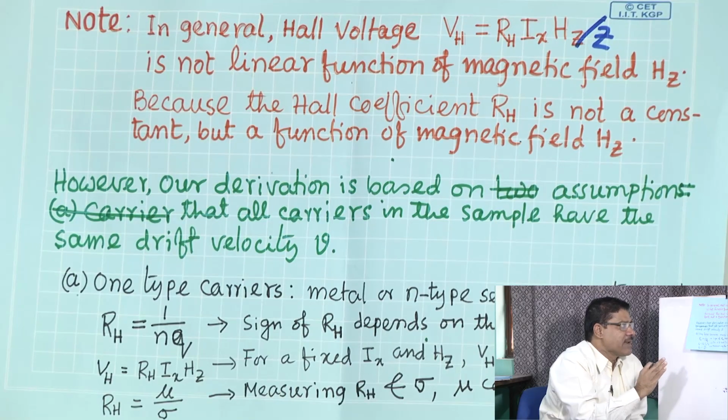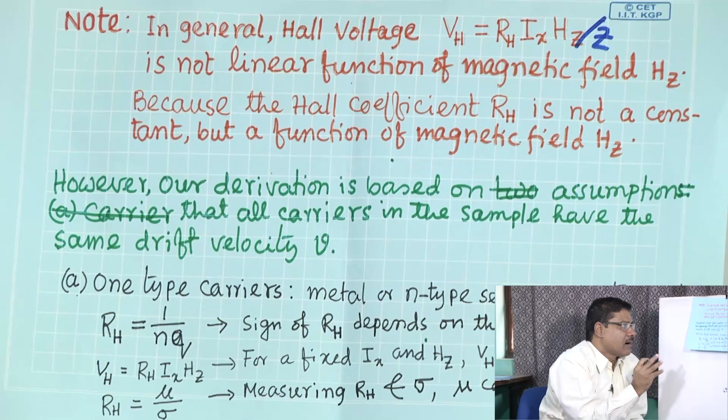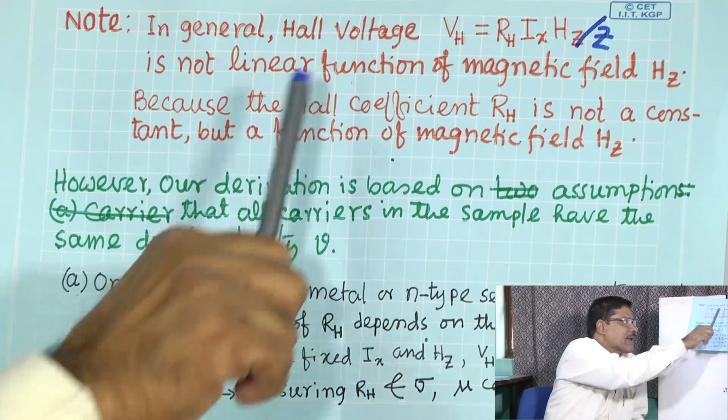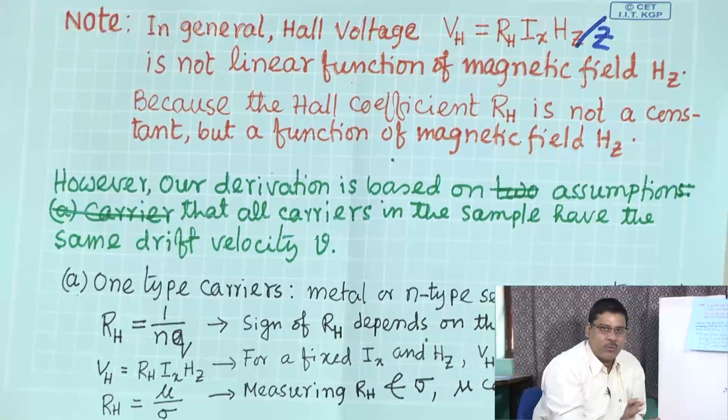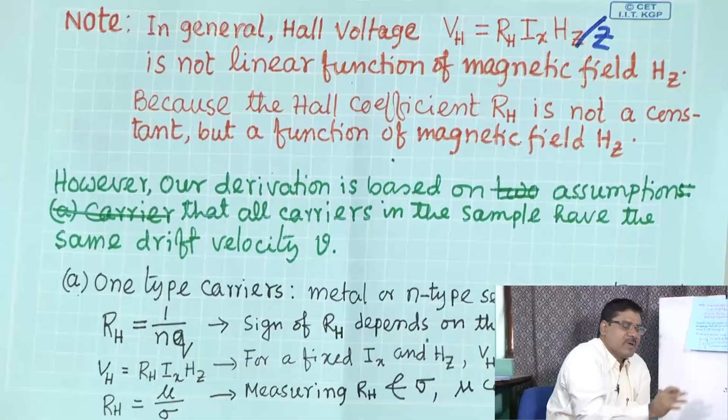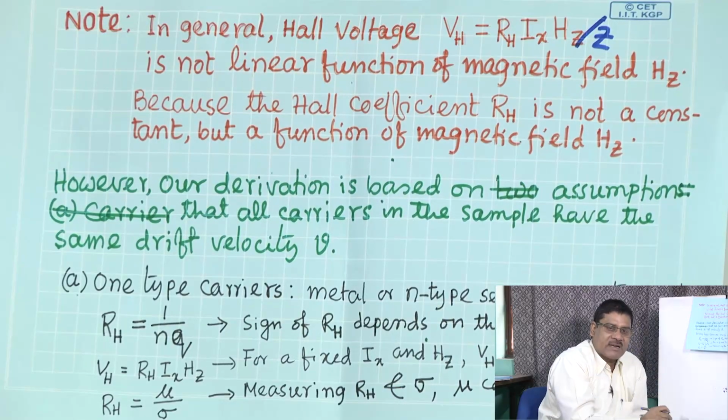The Hall voltage is linearly dependent on the magnetic field, but in reality there is a slight difference, due to the variation of the drift velocity. So one needs a correction of this formula, but we are not going to do that. We will use it assuming that all drift velocities are the same.